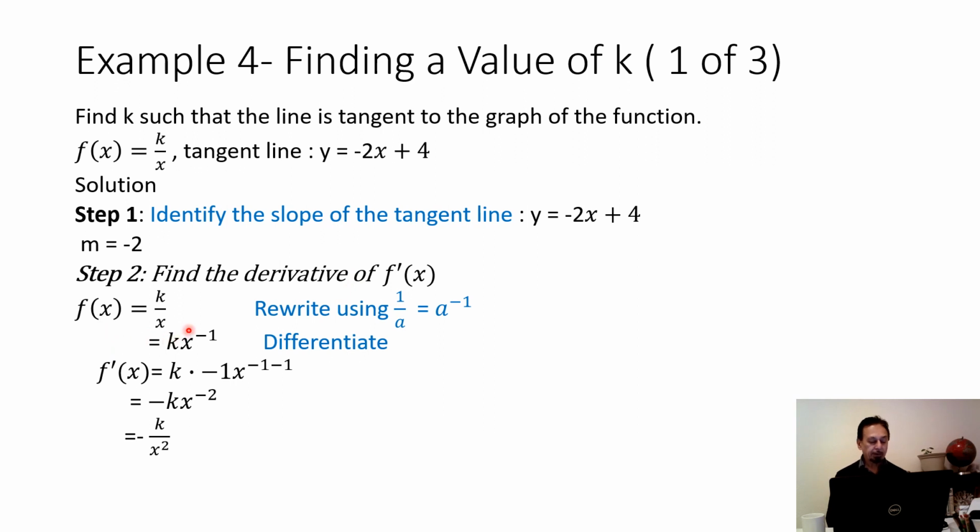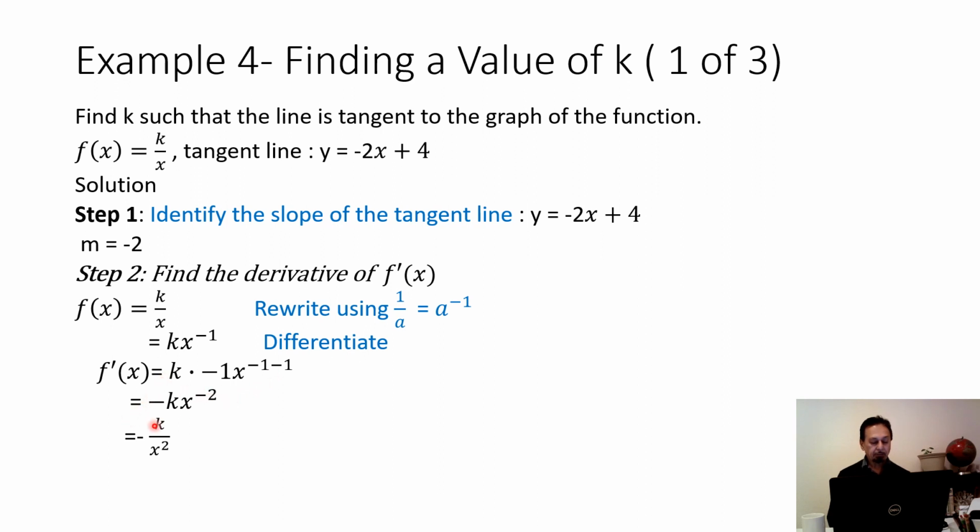So write f of x equal to k over x. Now we have to move the x to the top and write it in exponential form. Here is the rule: 1 over a equals a to the minus 1. So this becomes k times x to the minus 1. Now we can differentiate using the power rule. It will be k times, bring in the power negative 1 and subtract 1 from the power.